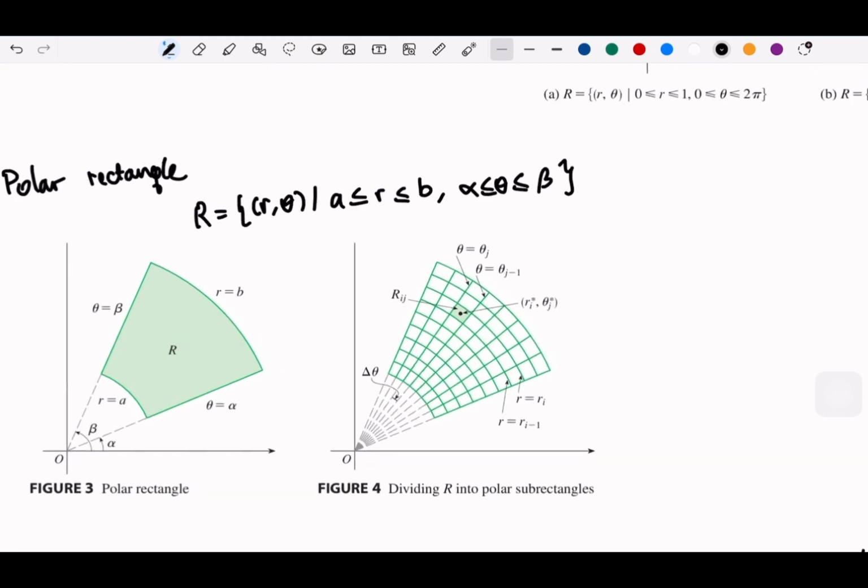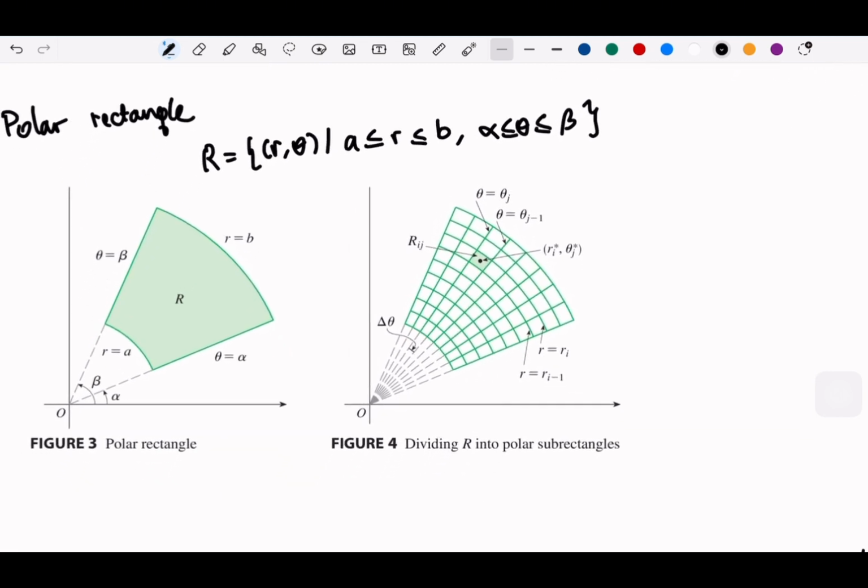Okay. Now, similar to what we had in the introduction of double integral, we're going to slice. We cut like spider webbing, like in Spider-Man. So we cut this, and there will be small pieces, right?